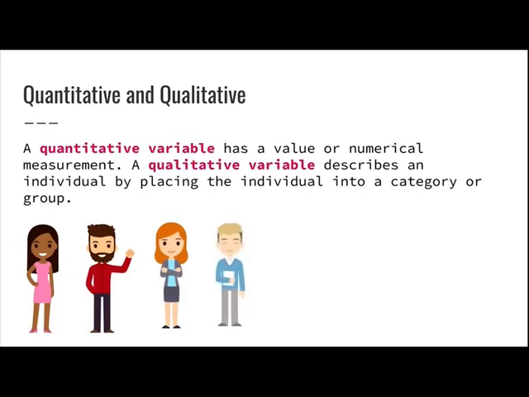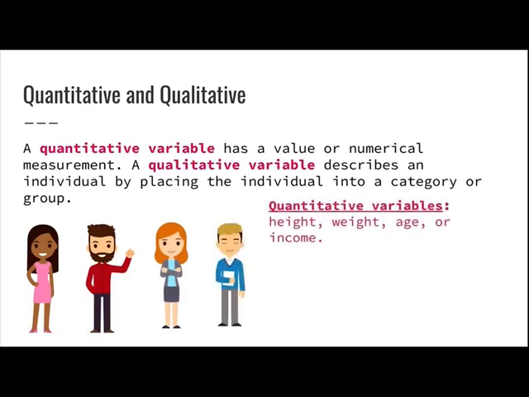So I have my people here. If I were to talk about them with quantitative variables, I would say height, weight, age, or income, because these are all number values.